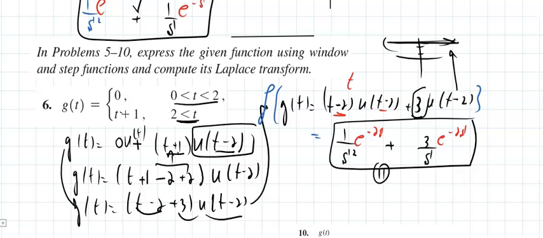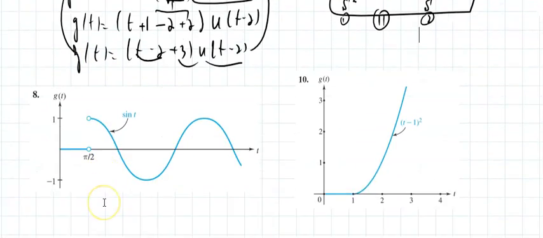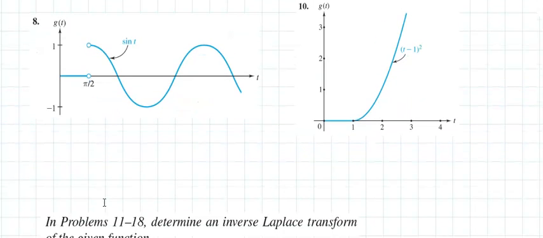Alright. Now we get to number 8. I want to figure out a formula for this. And how does this work? Well, let's see. I notice here we have g of t equal 0 times u of t, all the way until you reach pi over 2.